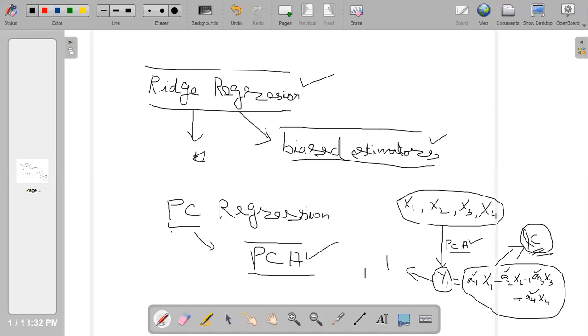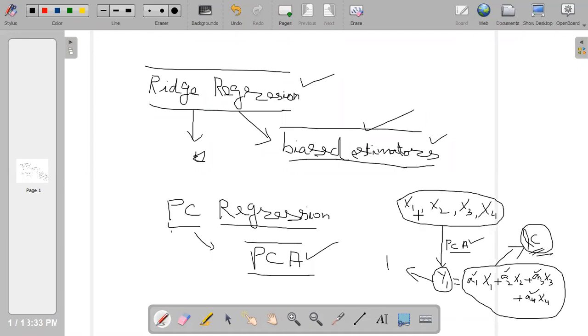The basic idea behind PC regression is simple. Let me just tell you again. PC regression says that if, after fitting the model, you discover that certain explanatory variables are highly collinear, and you cannot drop them, you cannot increase the sample size, and you are not willing to go for biased estimators using ridge regression, then another way is to combine the information on the highly correlated variables.